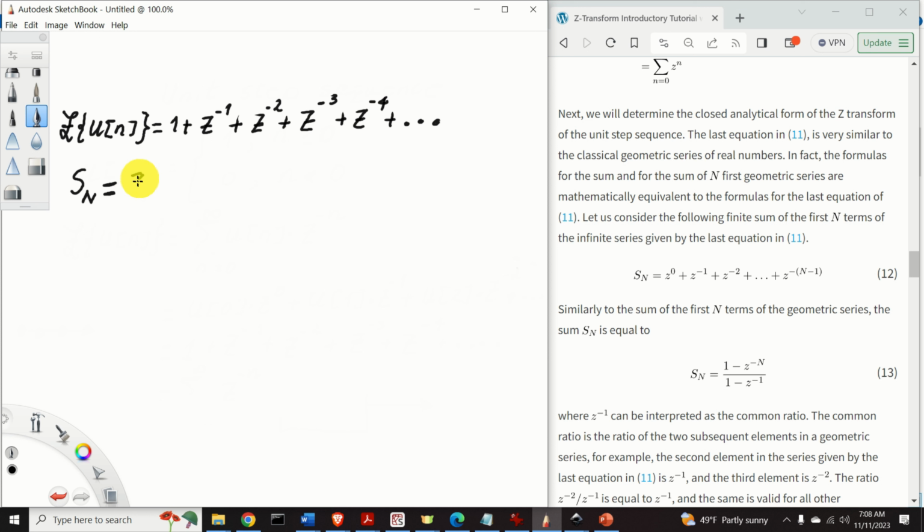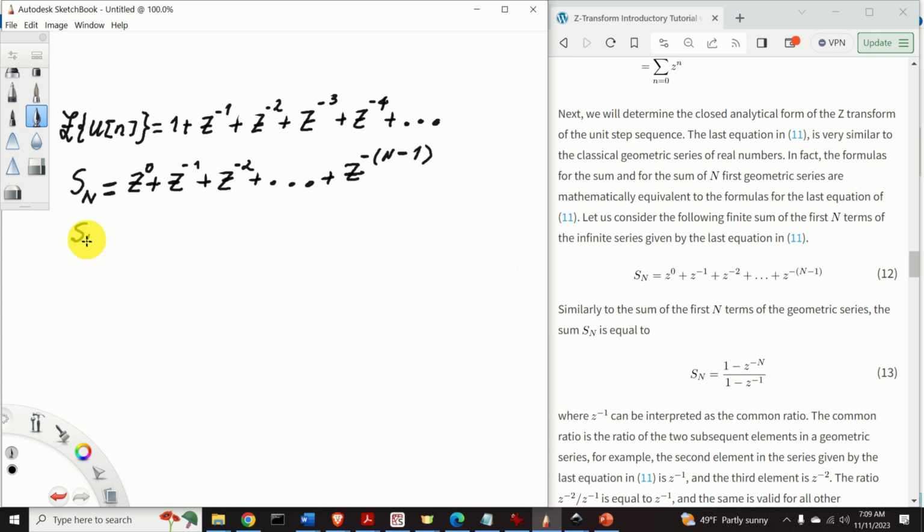This sum is given by z to the power 0 plus z to the power minus 1 plus z to the power minus 2, and we continue the summation until z to the power minus n minus 1. We go until n minus 1 since we start from 0, and this will be the nth term.